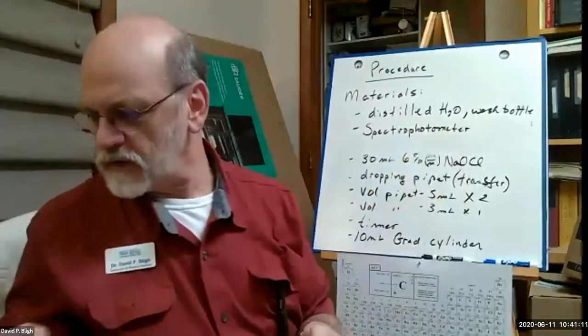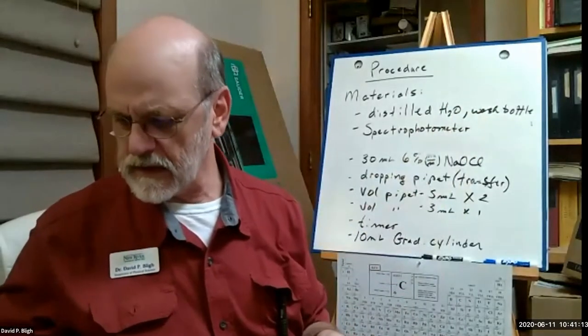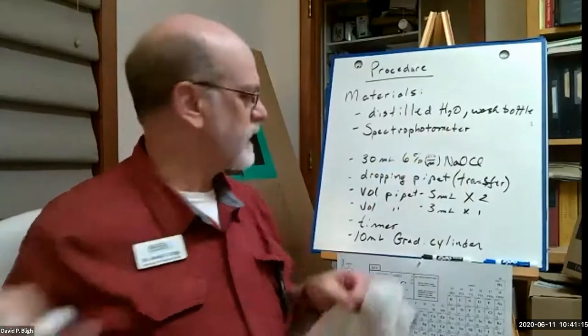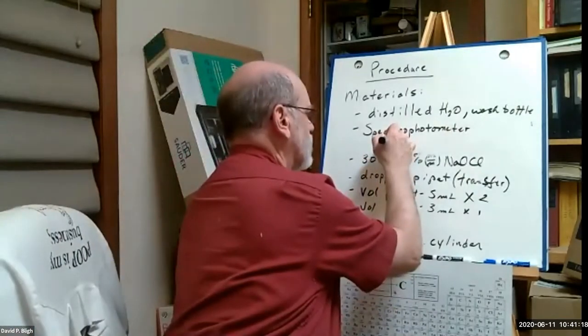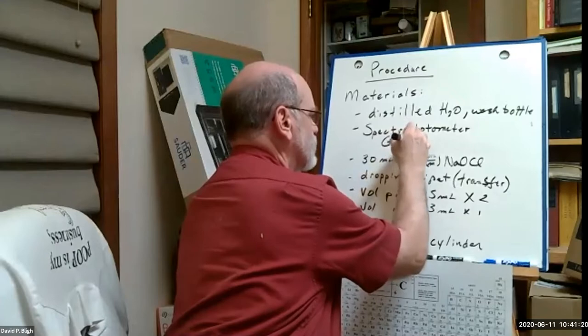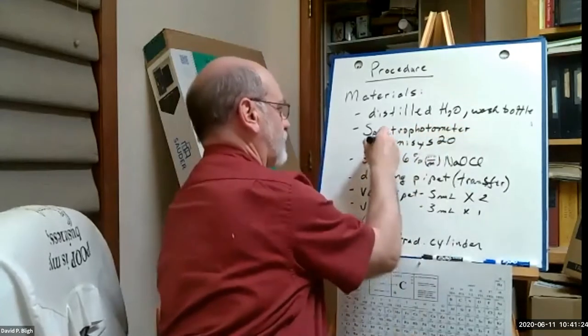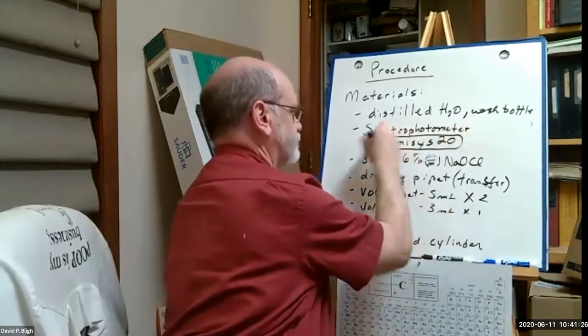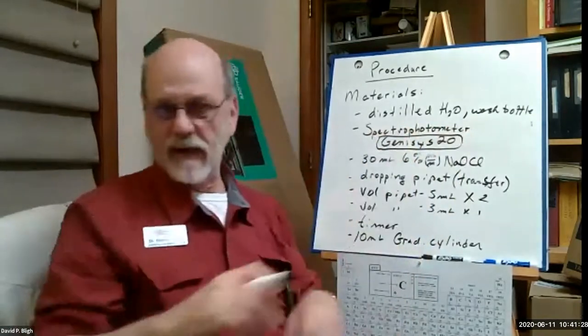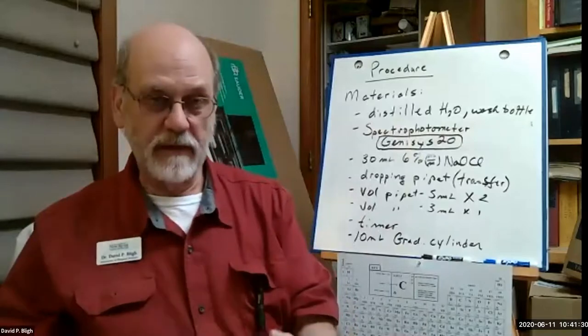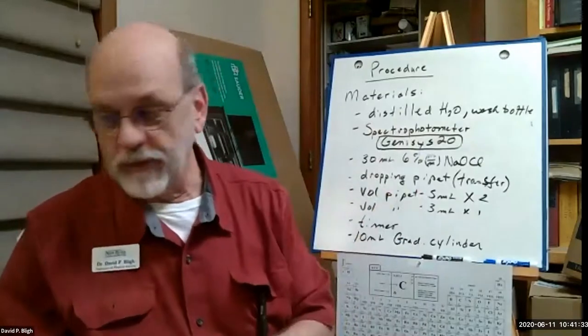And the one we're using is a, let's see, I think it's called a Genesis 20. Okay, and the video that I'm going to start in a minute will show you how it's operated.